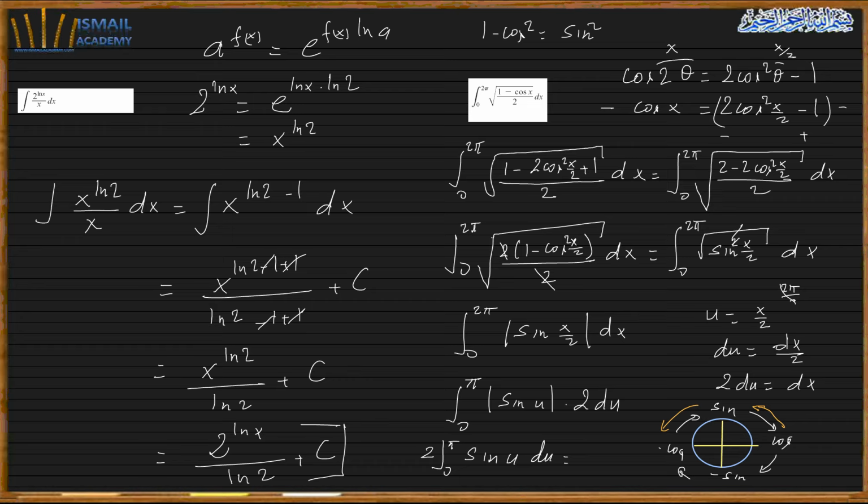So here I will have 2 times minus cosine of u between 0 and pi, which is going to be 2 times minus cosine of pi, minus minus, so it's going to be positive cosine of 0, so it's going to be 2 times 1 plus 1.